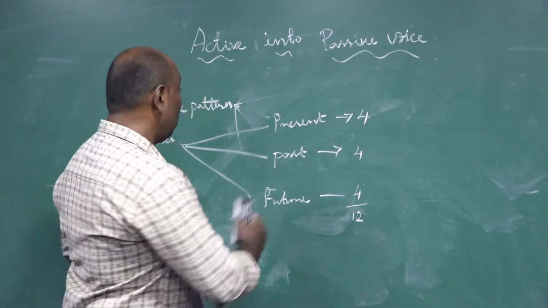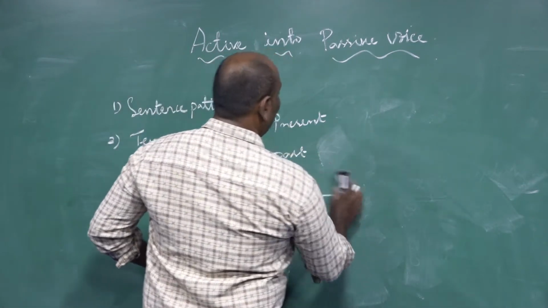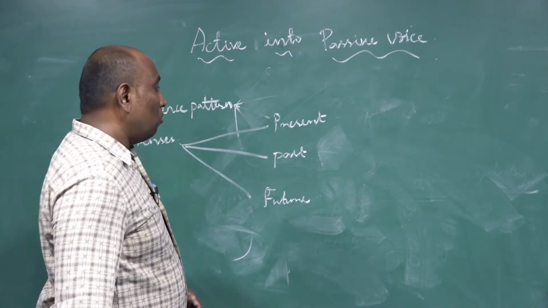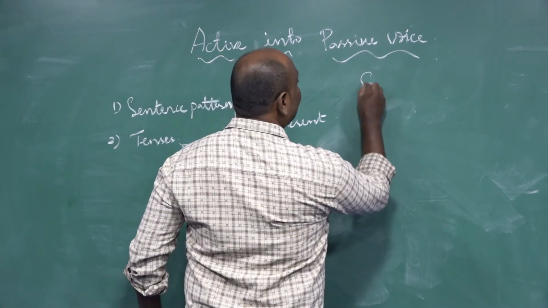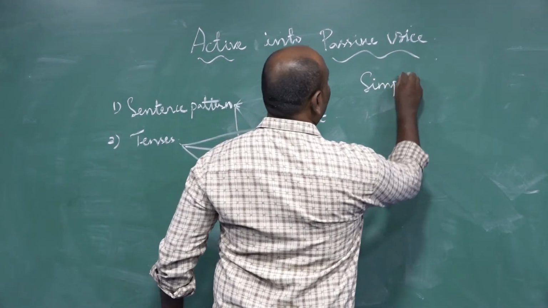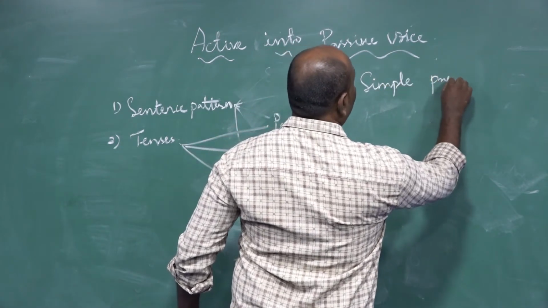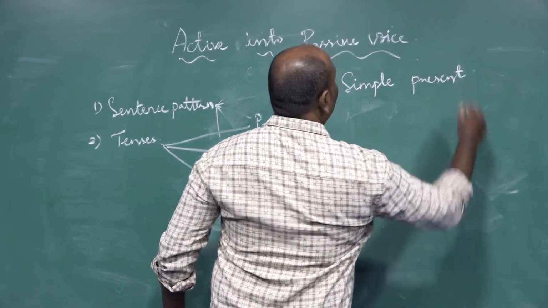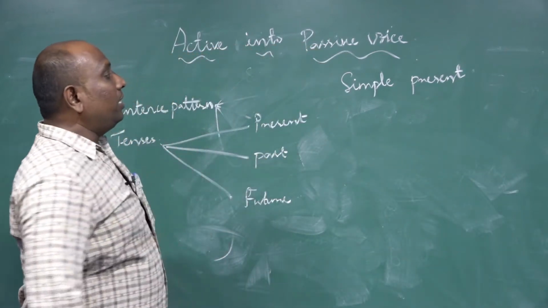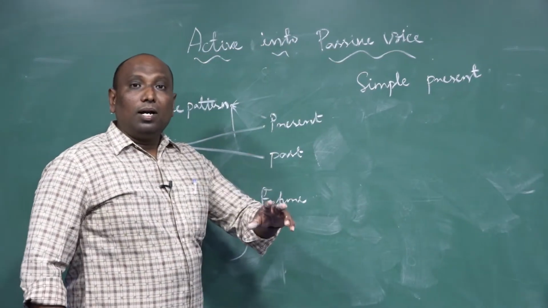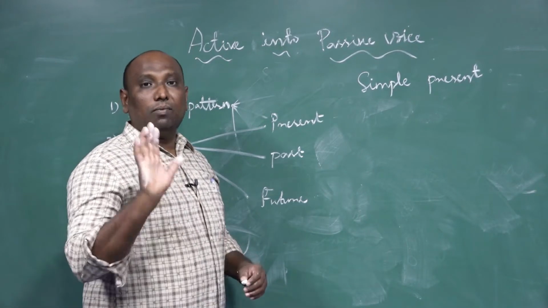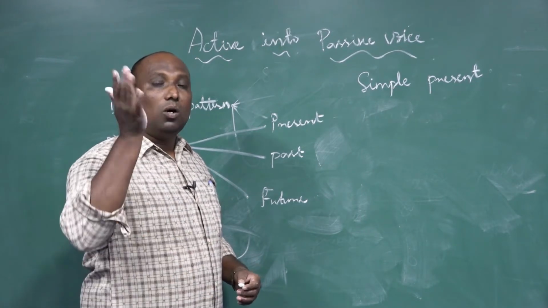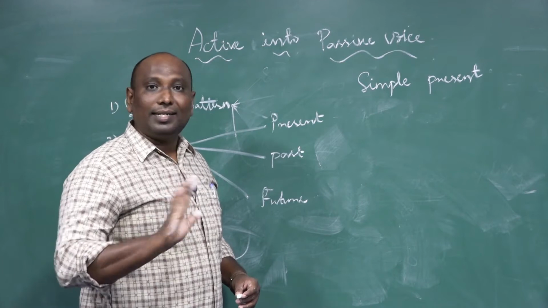Let's break down how to write this. In the present, what is the first form? That is simple present. While you write, you need one main verb as well as an auxiliary verb. Without an auxiliary or a main verb, we cannot write a sentence.